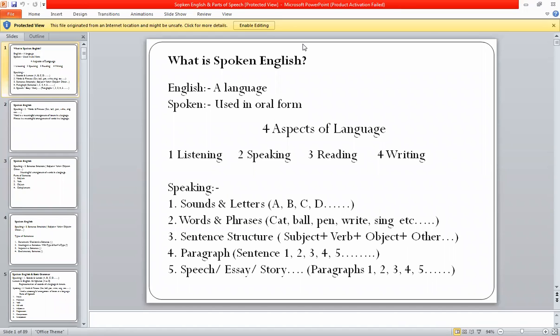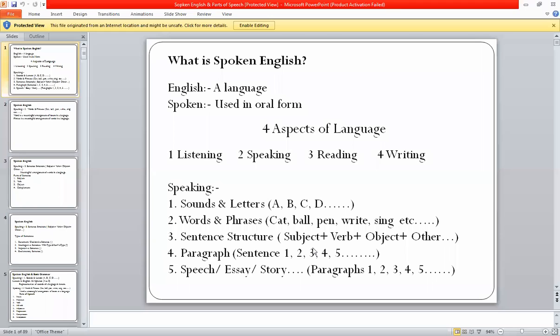Any sentence is made up of different parts. That also we are going to learn throughout this subject. So a sentence is made up of different parts, and these parts are called the parts of speech.